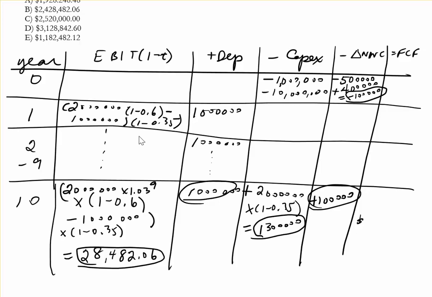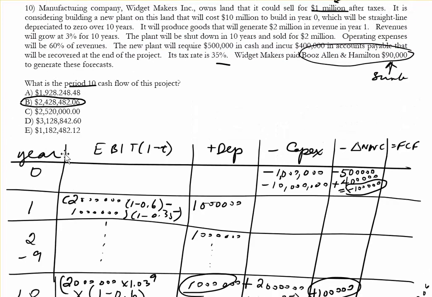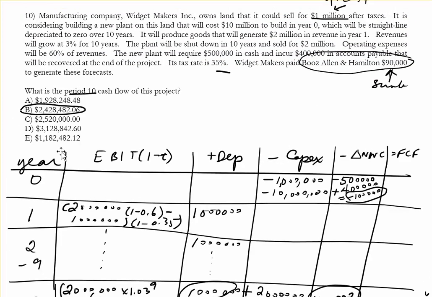If you sum across, you get $2,428,482 and 6 cents. And we scroll up to find that. We see there it is, $2,428,482.06 is the period 10 free cash flow.